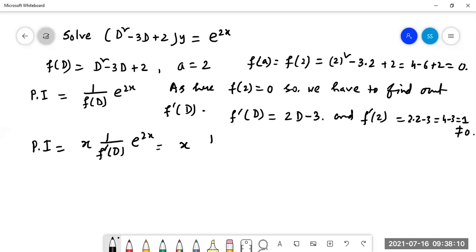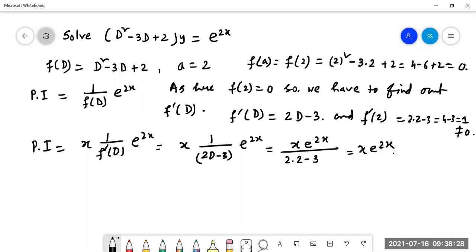That is x into 1 by 2D minus 3 into e to the power 2x. Now it will be x e to the power 2x by 2 into 2 minus 3, that is x e to the power 2x, as 4 minus 3 equal to 1. So this is the value of the particular integral. Is this understood? Hello? Is this understood by everybody?